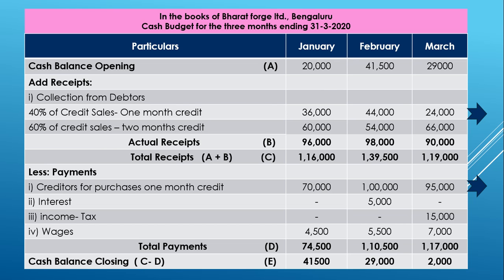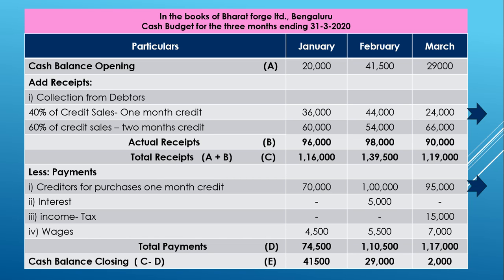Because we have to calculate the closing cash balance as the opening cash balance is given. So by deducting total payments from total receipts, we can calculate our closing cash balance. So for January, we have total receipts of 1,16,000. We will deduct total payments of 74,500. We will get a closing cash balance of 41,500.